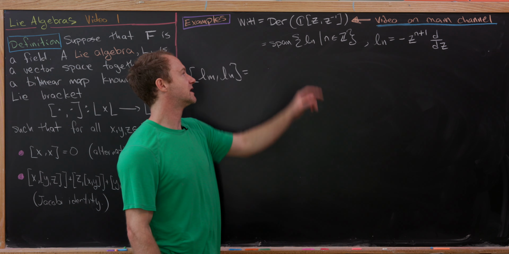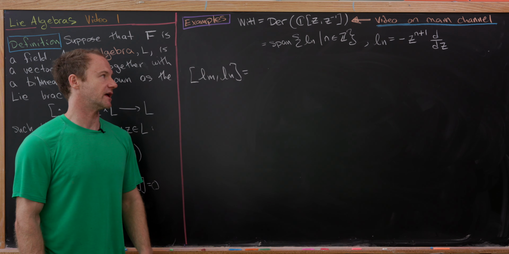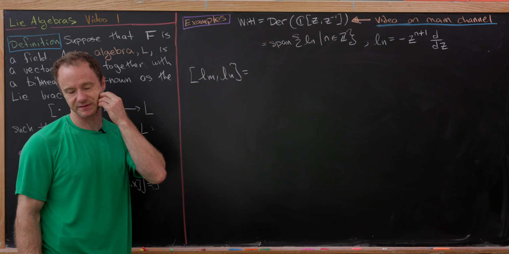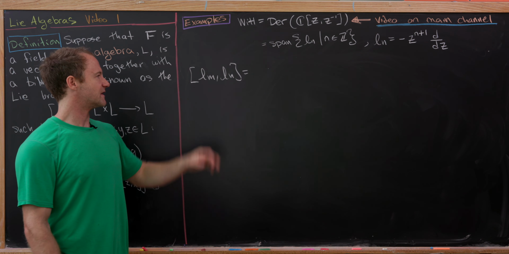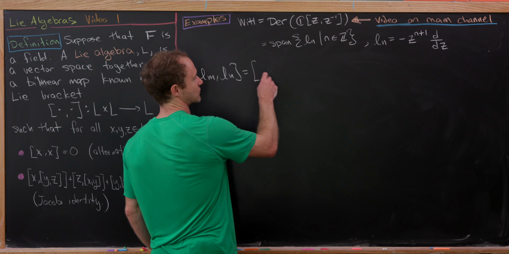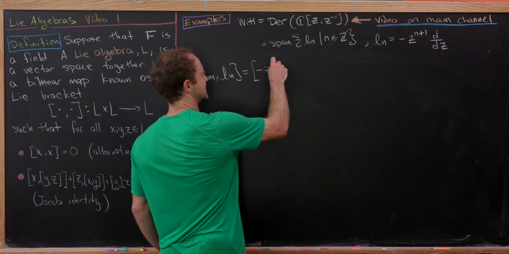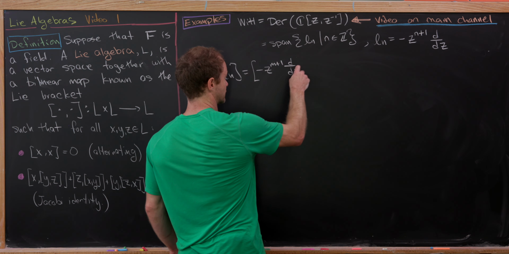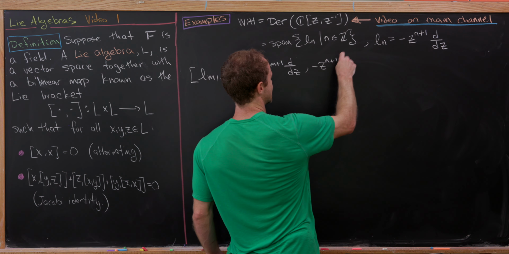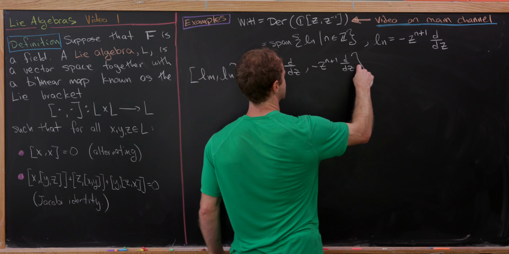It'll be the span of these things that we call L_n, where L_n is minus z to the n plus 1 times the derivative with respect to z. So let's find the bracket relations on these L's. Okay, let's just write it out. We've got minus z to the m plus 1 derivative with respect to z, minus z to the n plus 1 derivative with respect to z.